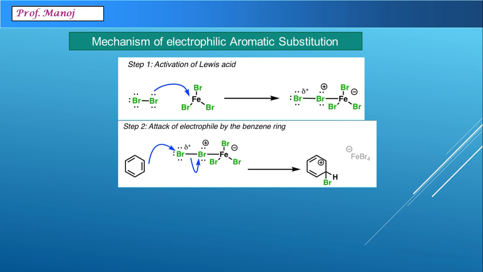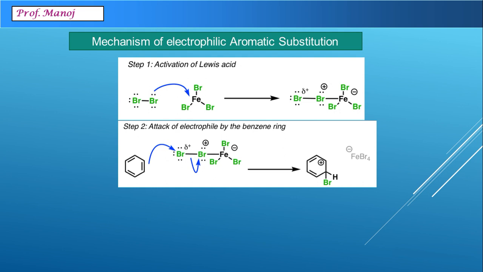This whole complex now attacks the benzene ring's pi bond. Now, the benzene ring's pi bond is going to attack the bromine atom. The bromine which is connected to Fe is taken away as FeBr4 anion. What you are getting here is an arenium ion. Aromatic ring with a positive charge is called arenium ion.